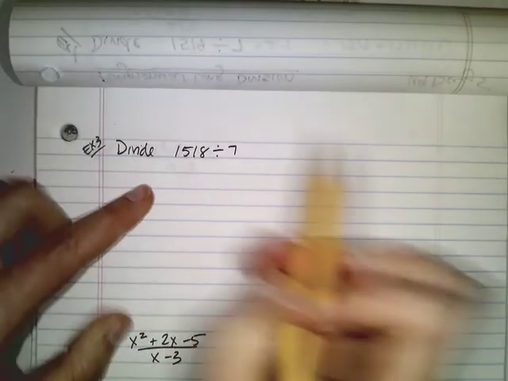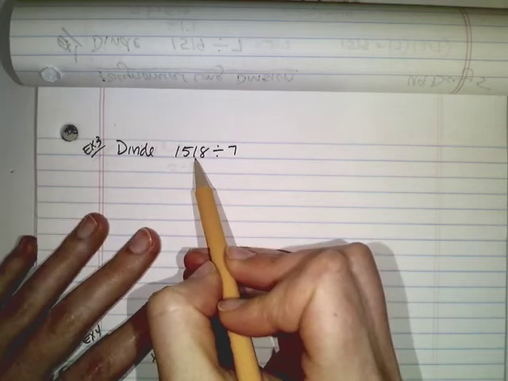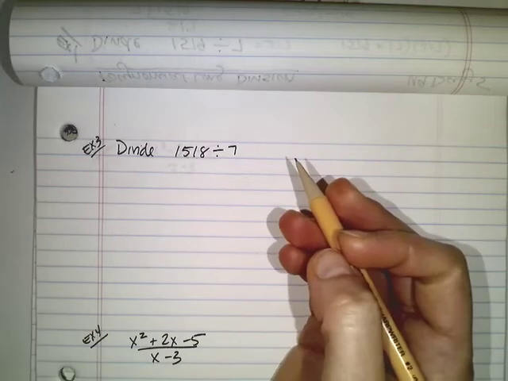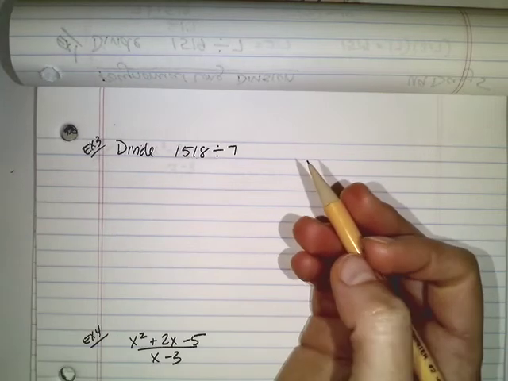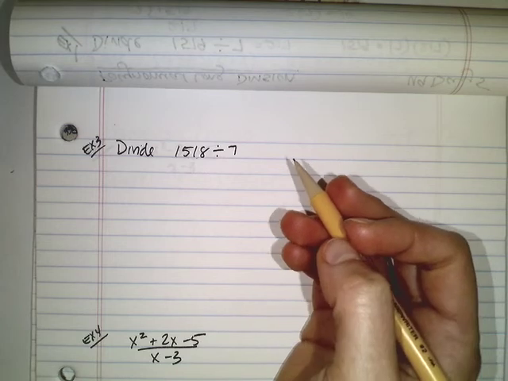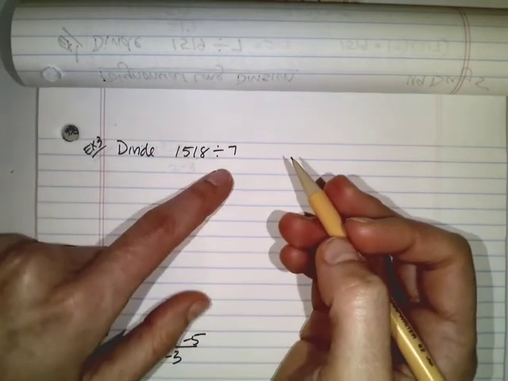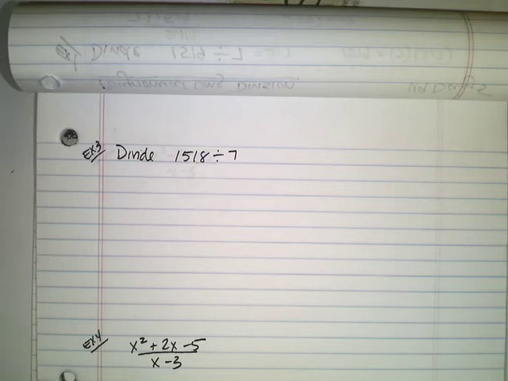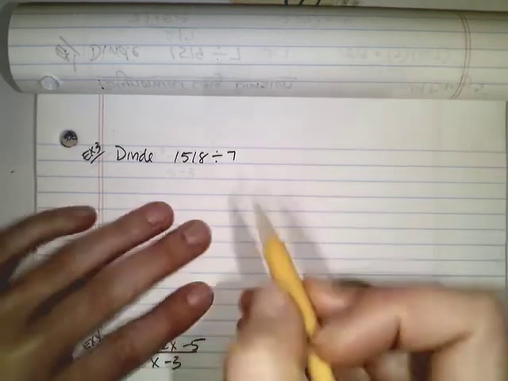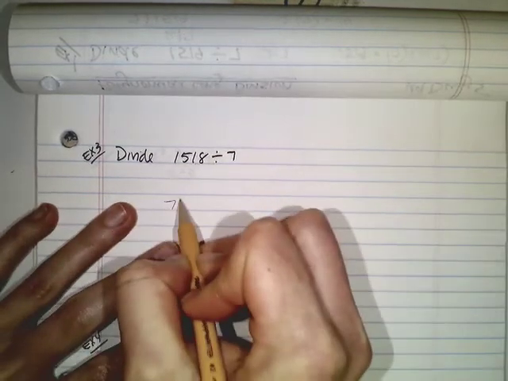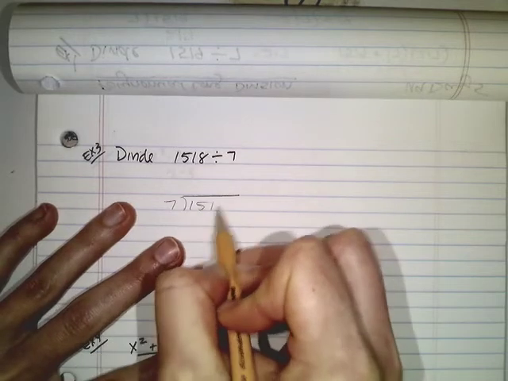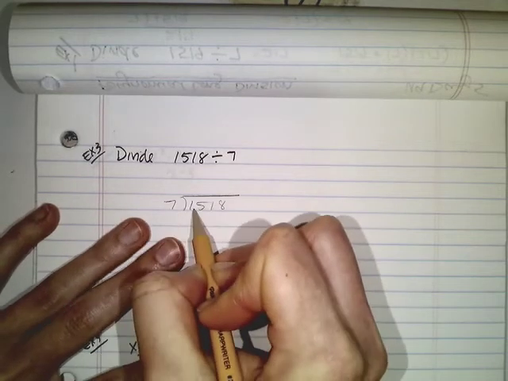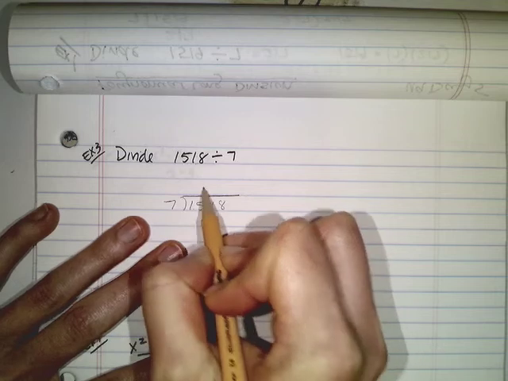We've got 1,518 divided by 7. Well, 1,518 is not divisible by 7 because 1,519 is. Let's see how this goes. So 7 goes into 1 0 times, but 7 goes into 15 twice.